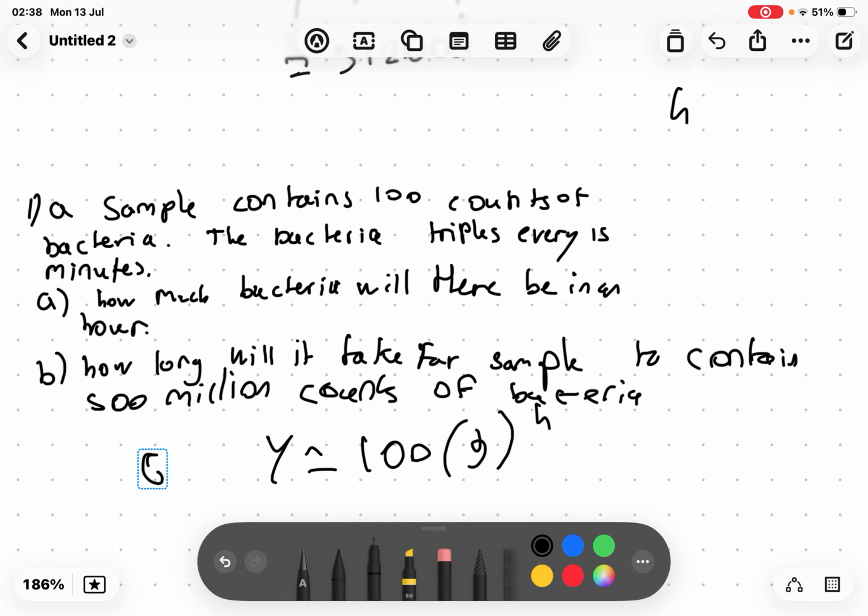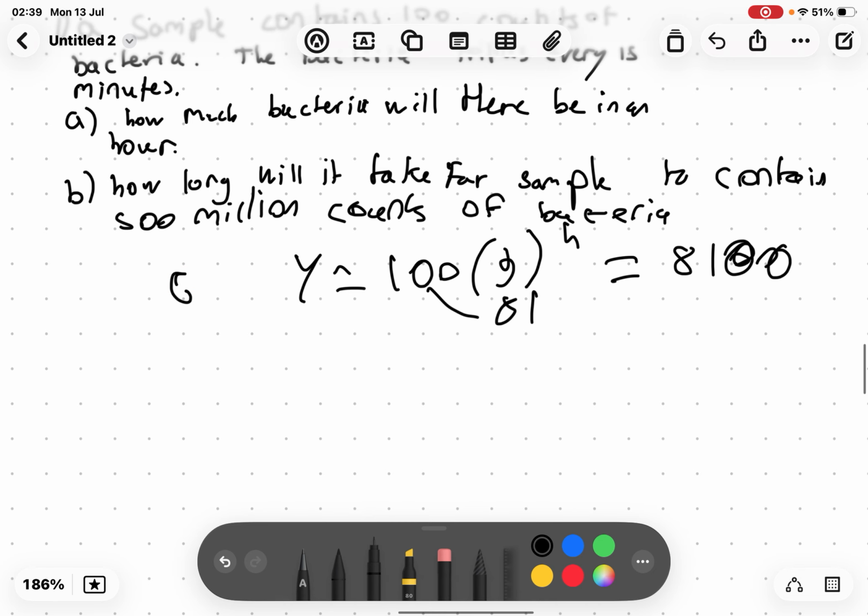The answer of this you can do as 81 as an easy way, and this times this is 8,100. Then how long will it take the sample to contain 5 million counts of bacteria?